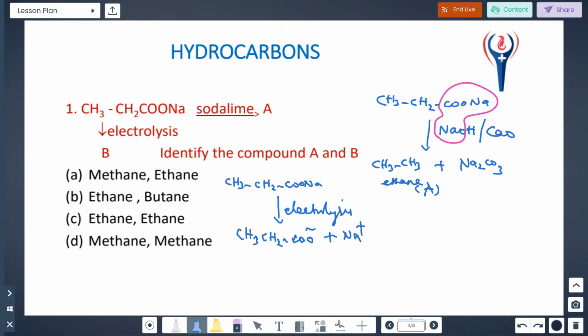So what is the anode reaction? At the anode, write CH3CH2COO minus two times. Then we get the stable product.